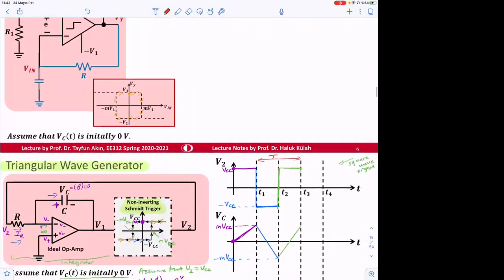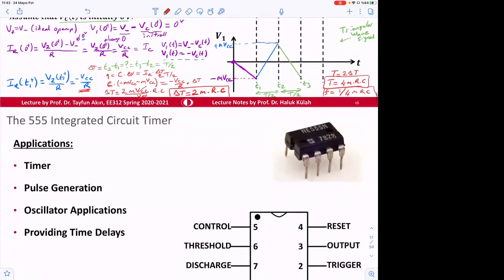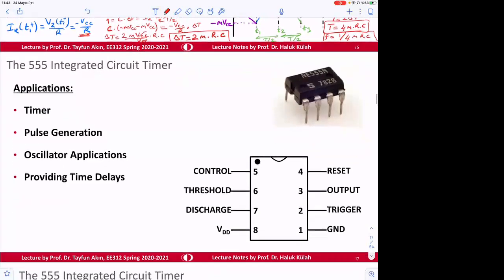All these are possible with op-amp circuits. But in the market, some people saw the potential of these kinds of circuits and created a very famous timer circuit.